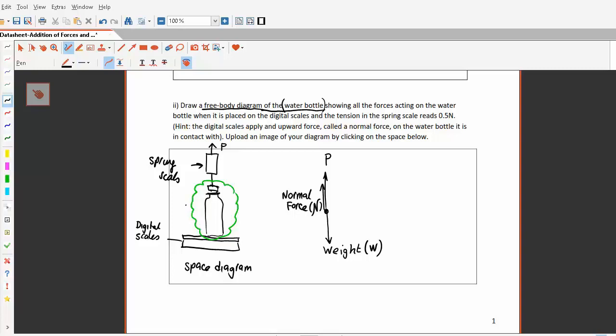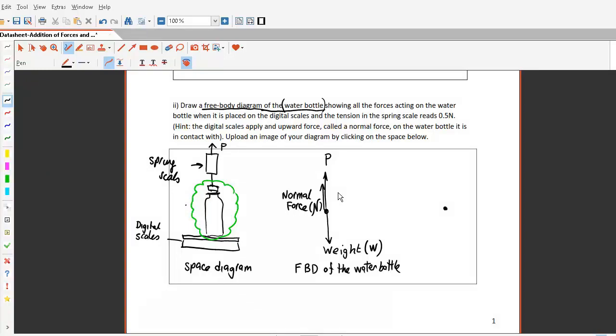So we see that we have two forces acting upwards on the bottle: the upwards force from the platform of the digital scales and the pulling force from the string, and acting downwards, the weight. This normal force can be measured as it is given by the reading on the digital scales.